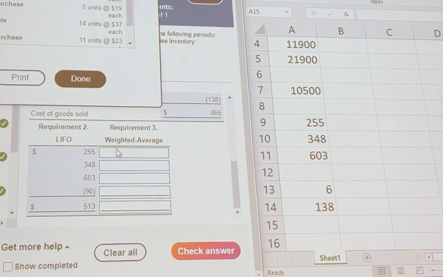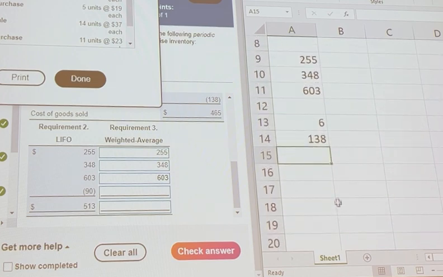Okay, and then doing this for weighted average, again, the first 3 lines are going to be identical. Okay, now we have to actually compute our weighted average. So, we know the cost of goods available for sale is $603.